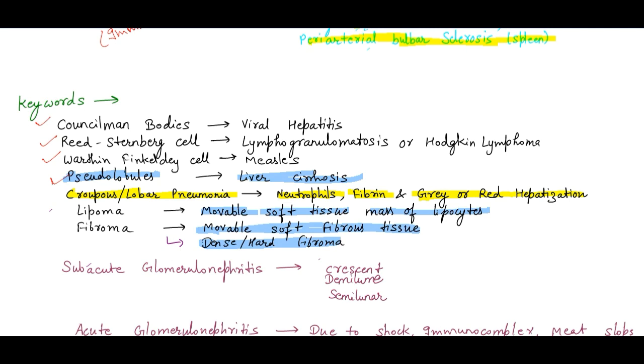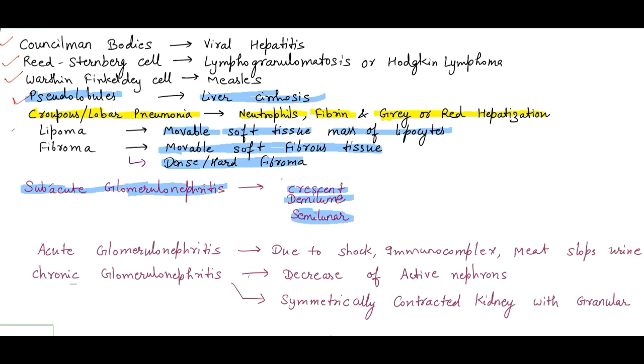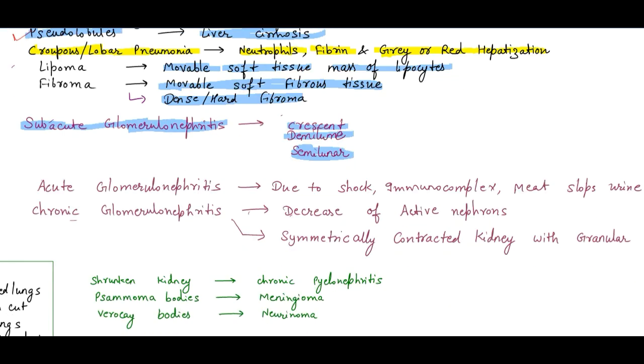If you find in the question something like crescent, demilune formation, semi-lunar or crescent shaped, then go for subacute glomerulonephritis. Then acute and chronic glomerulonephritis. Acute is due to immune complex. Remember, acute: meat-slop urine. You can find it in acute as well as subacute.